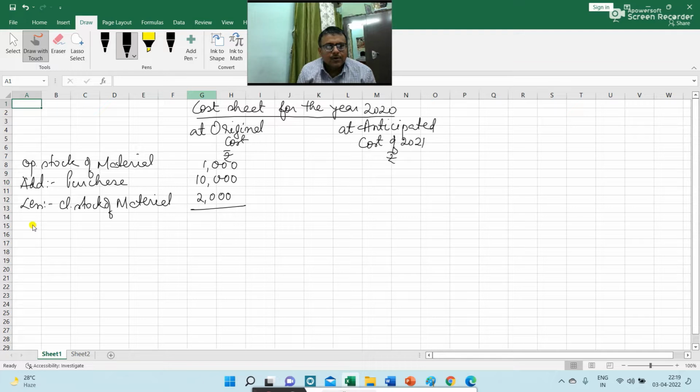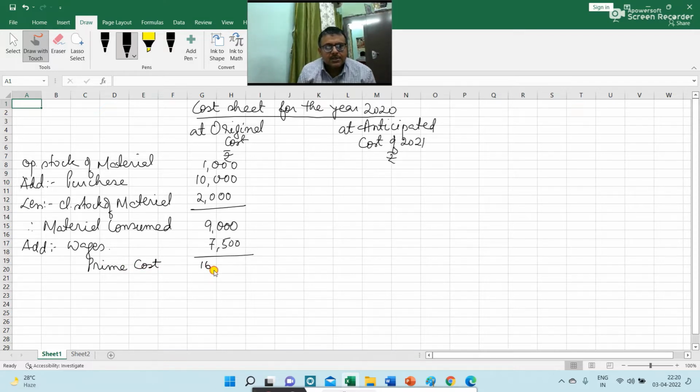So therefore material consumed is Rs 9,000. Add wages Rs 7,500. So prime cost is Rs 16,500.